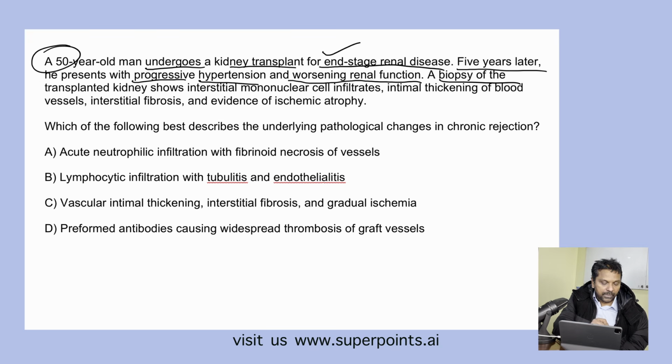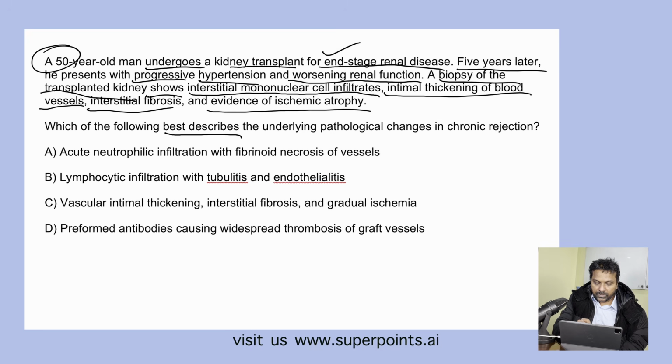A biopsy of the transplanted kidney shows interstitial mononuclear cell infiltrates, intimal thickening of blood vessels, interstitial fibrosis, and evidence of ischemic hypertrophy. Which of the following best describes the underlying pathologic changes in chronic rejection?